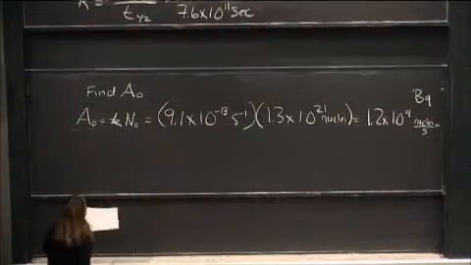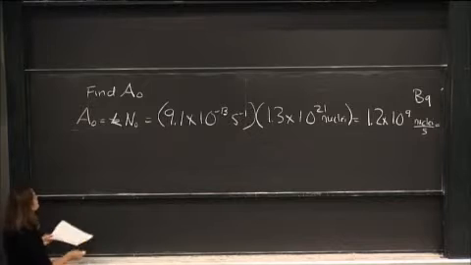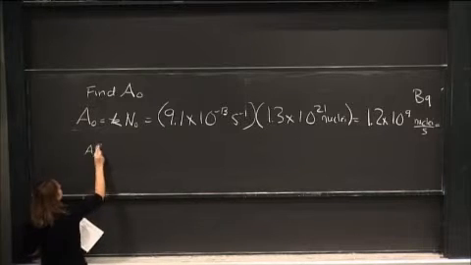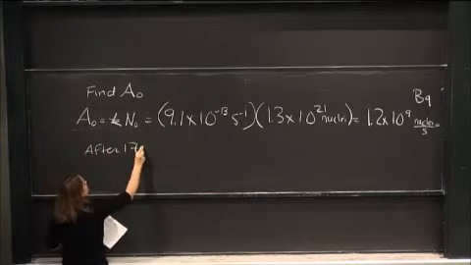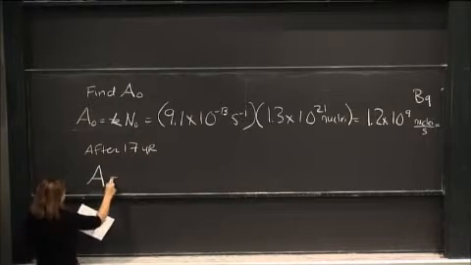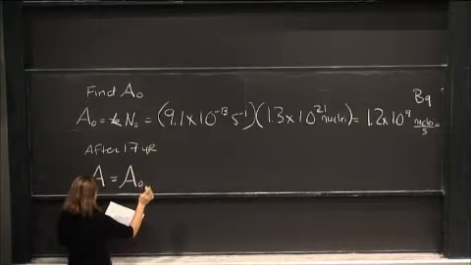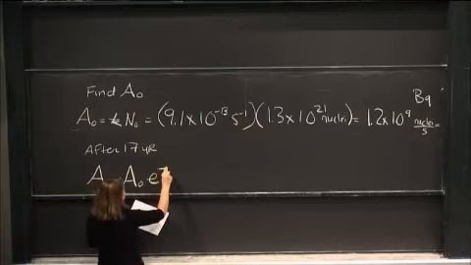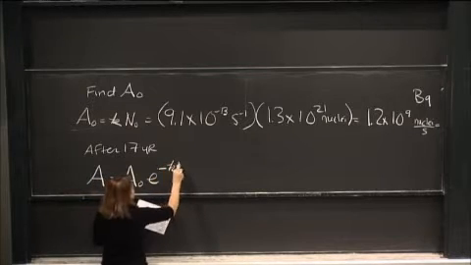Okay. So now, after 17 years, we can say that the activity at some time is equal to the original activity, e to the minus kt.